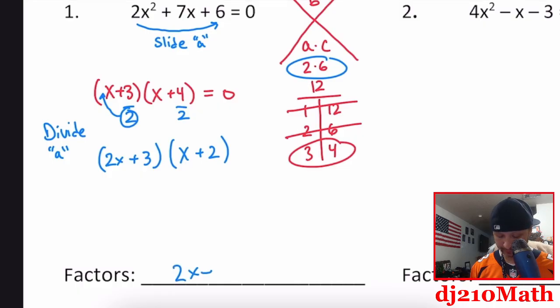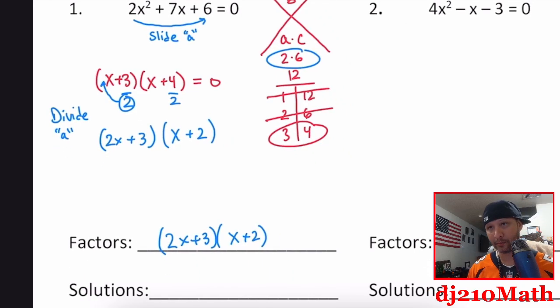So 2x plus 3, x plus 2. Those are the factors. The roots, or the solutions, or the x-intercepts, or whatever word you want to use, the solutions is fine, inside lies. So this is going to be x is equal to negative 3 over 2, and x is equal to negative 2.